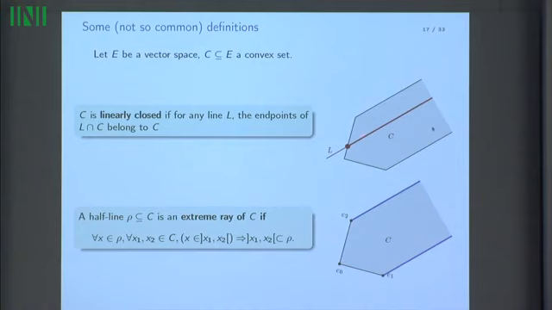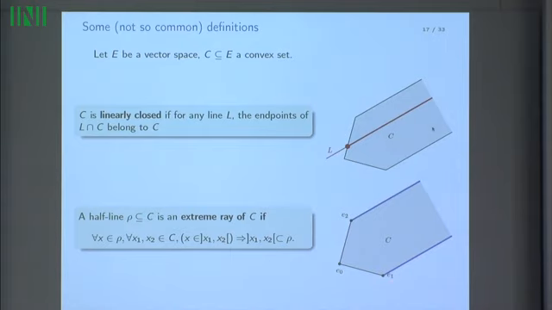This is the intersection of the line with C, and the endpoint here belongs to C. And I also need the notion of extreme ray. So an extreme ray is just a half line, where I take a point on this half line of C, and I can only express it as a convex combination of 2 points living also on this half line. So in this picture, it's really just the blue part.